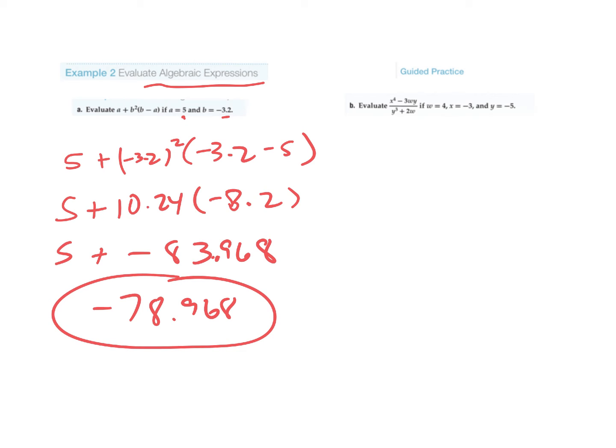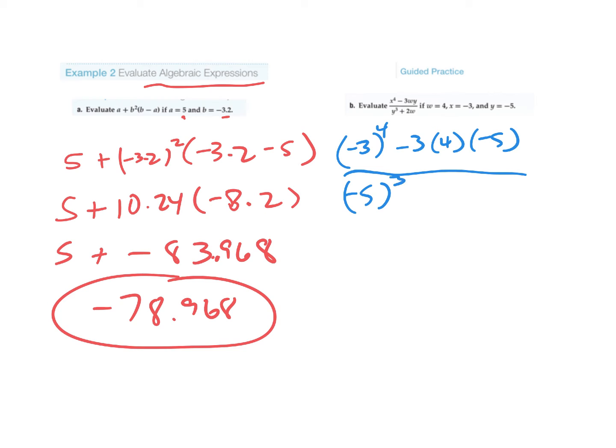Now let's look at this other problem where it's in a fraction form. If we put the letters in, so I got a -3 to the 4th power, so I'm going to use my parentheses, minus 3 times 4 times a -5, and then I do the other letters, -5, I'm going to put that to the 3rd power, plus 2 times 4.